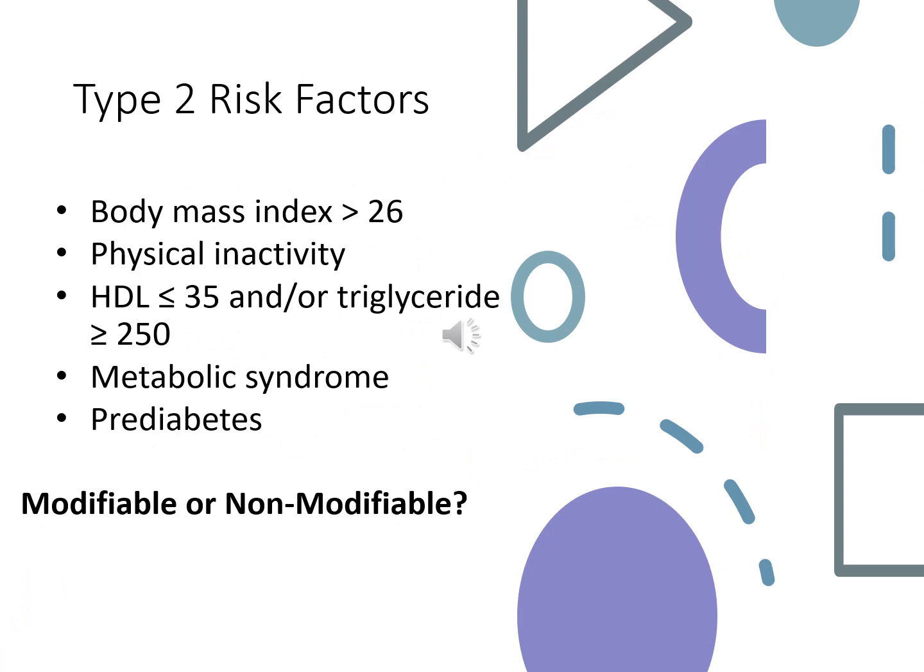The risk factors we have to look at for type 2, again, are increased body mass, physical inactivity, high levels of triglycerides, low levels of our good cholesterol, metabolic syndrome, and prediabetes. We know that an A1C between 5.7 and 6.4 is considered prediabetes.